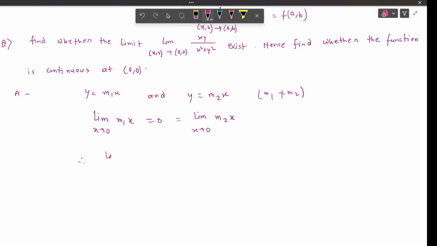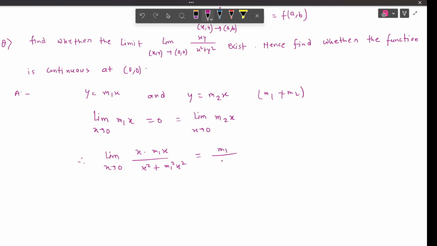So we can say limit x tends to 0, x into m1x by x square plus m1 square x square. So this will be x square, and if you take x square common, it will cancel out.